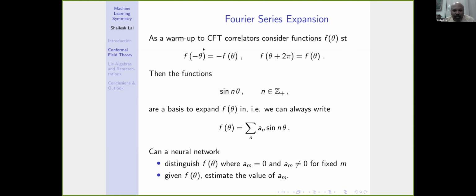You have functions which are odd and periodic. This is of course not the most general Fourier series expansion, but if you have the symmetry, then this is a complete set of functions to expand an arbitrary function. So if you have a function with these symmetries, you can always write it in this form.